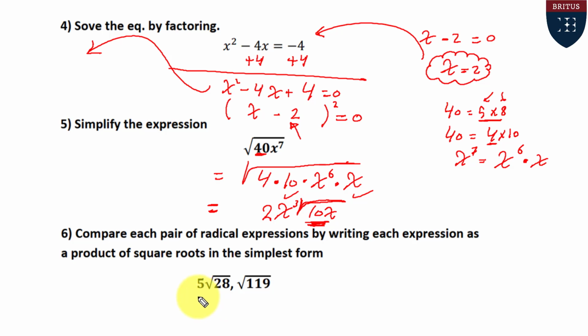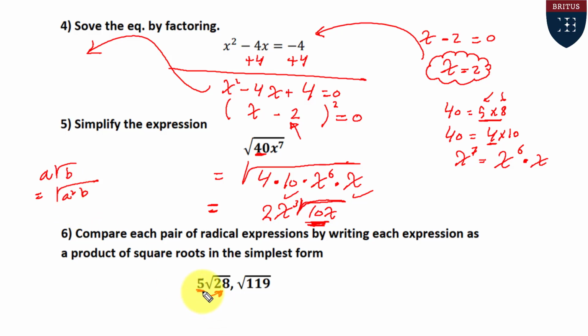How can we compare between 5 root 28 and root 119? Look, what about the outside 5? We can write 5 as root 25. Just apply the rule: a root b is equal to root a squared b.